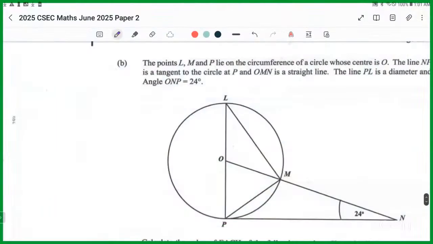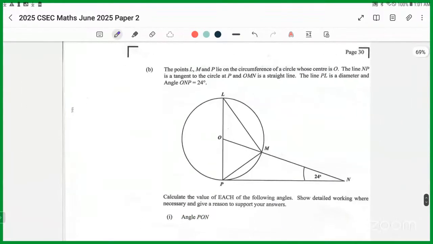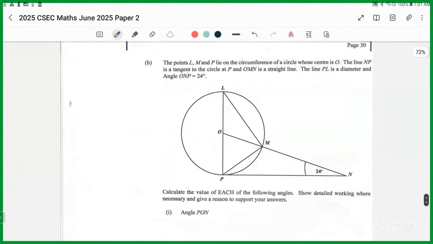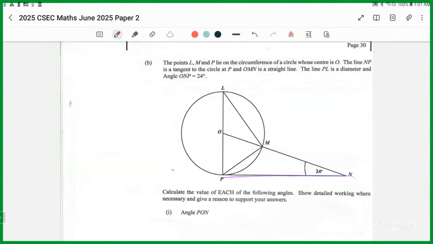Circle theory. The question says LM and P lie on the circumference of a circle whose center is O. Line NP is a tangent.